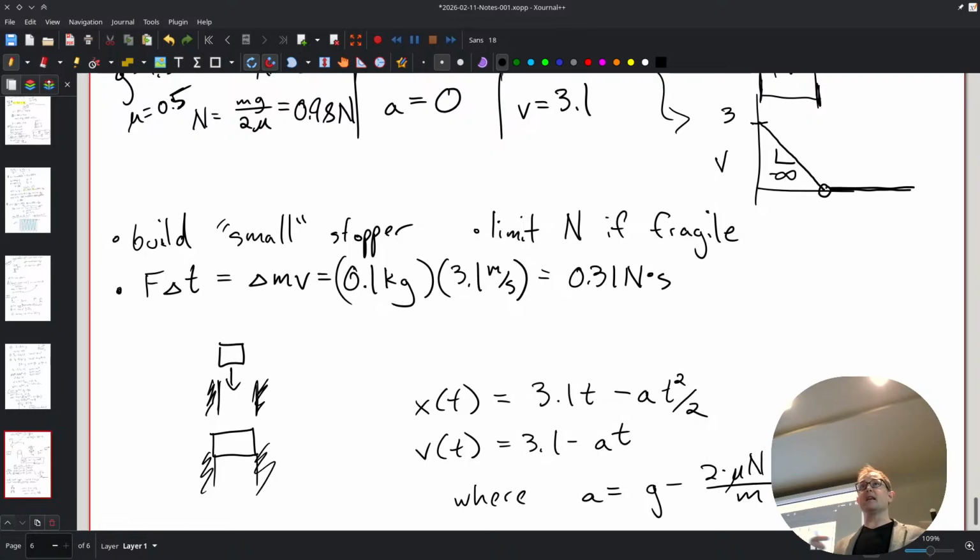So when we said we had an infinite normal force and an infinite acceleration, now delta T is 0, so how big of a force did we apply to our object? Pretty darn big. Yeah, infinite. We have infinite force for infinitely small time. It's like a Dirac delta function. Have you seen those yet?